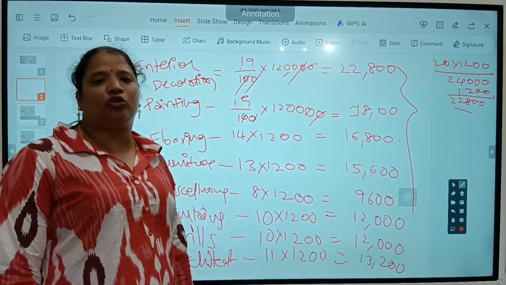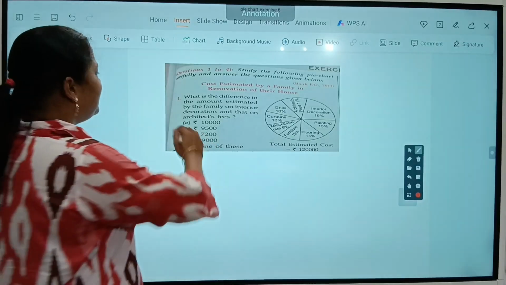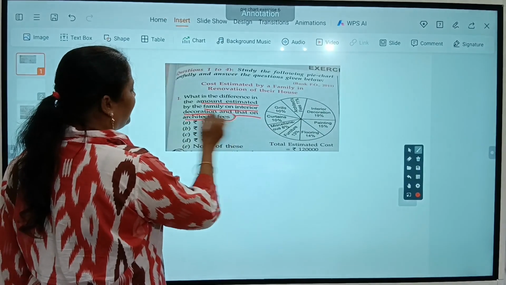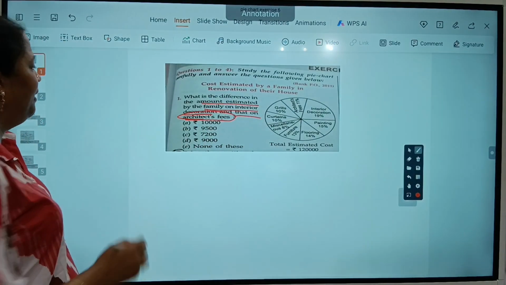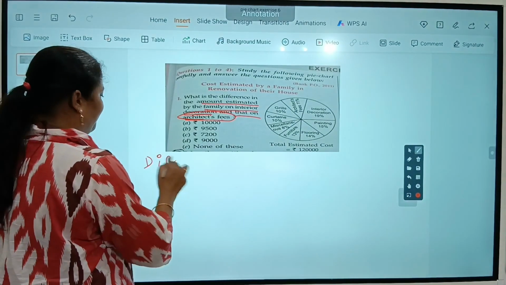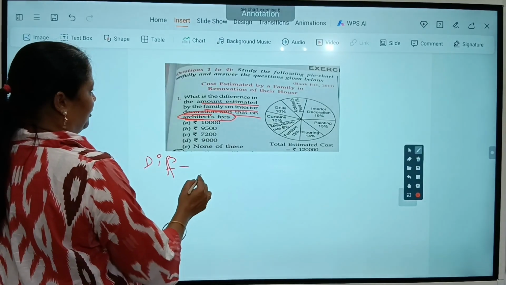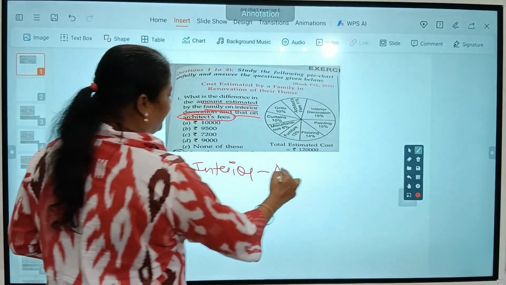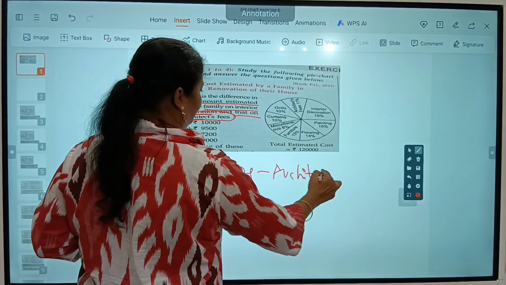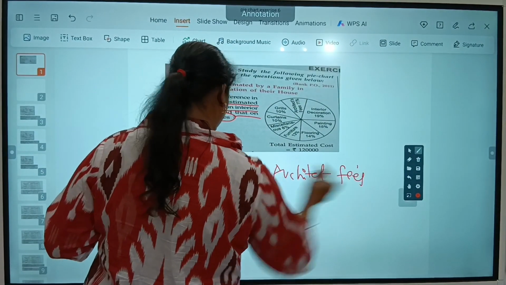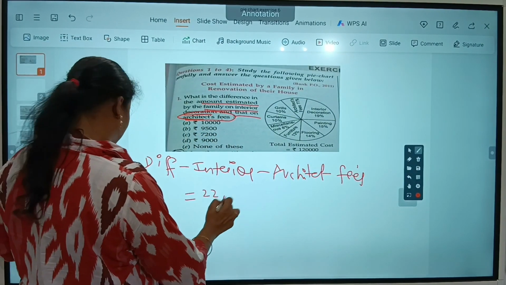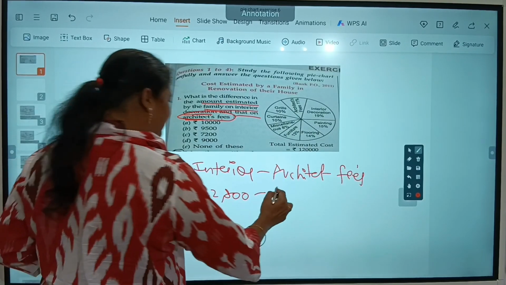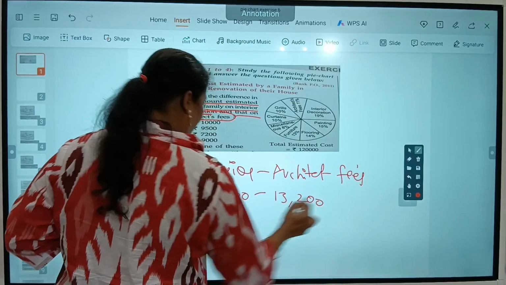So now we will move to our first question. What is the difference between the amount estimated by the family on interior decoration and architect fee? We have to find the difference between the amount spent on interior minus architect fee. Interior decoration is 22,800 minus architect fee 13,200.